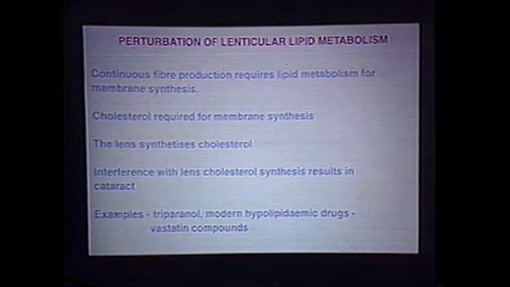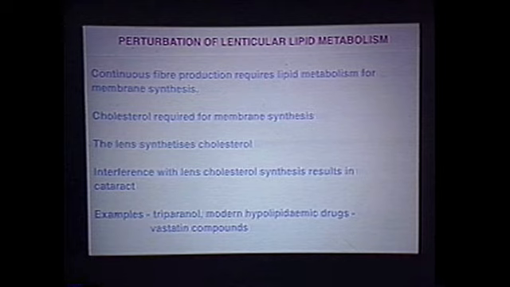Cholesterol is required for this membrane synthesis, and the lens synthesizes its own cholesterol and has its own metabolic enzymes for this process. And substances which interfere with this cholesterol metabolism have the potential, if they gain access to the lens, of producing cataracts.